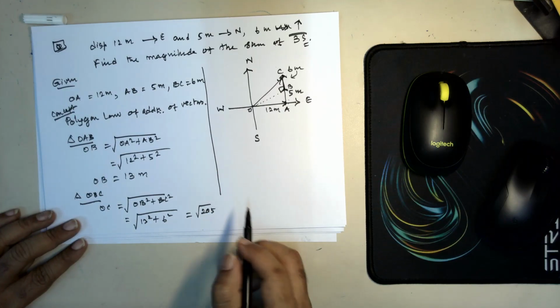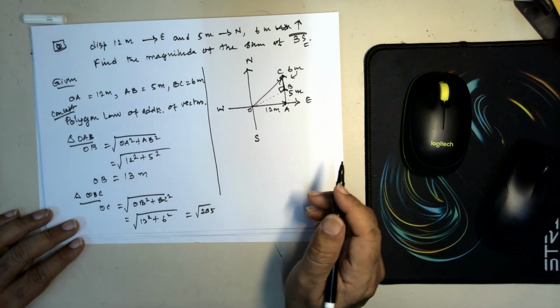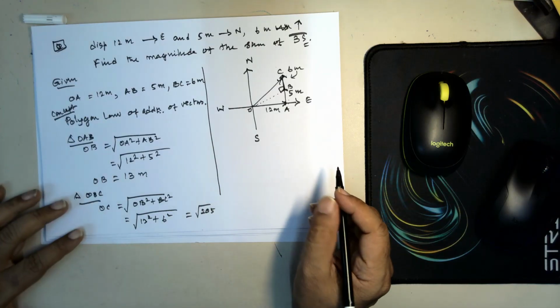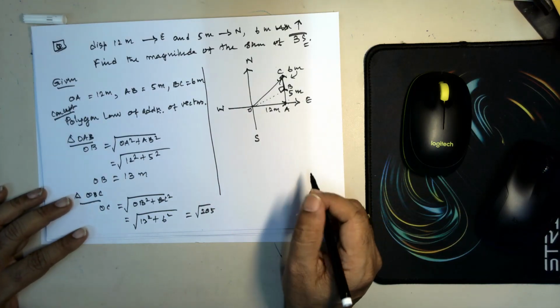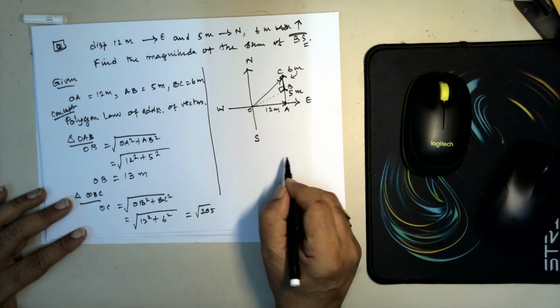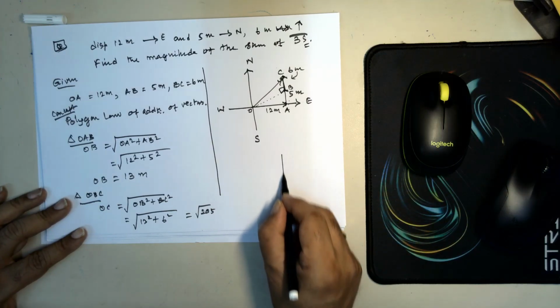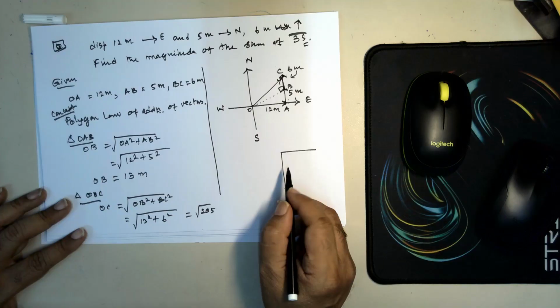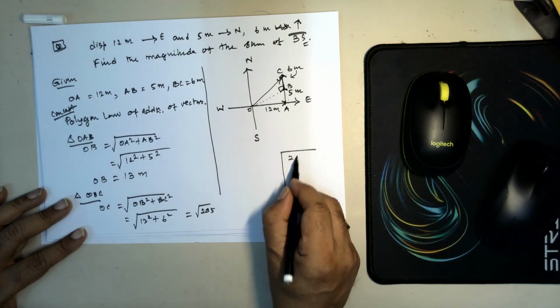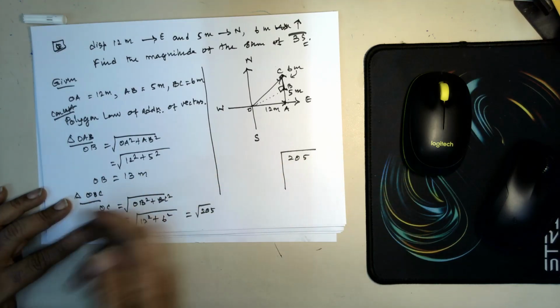I think on that day I already taught you the division method to find the square root. Can you do that? You must tell me. 205: you have to take two digits.